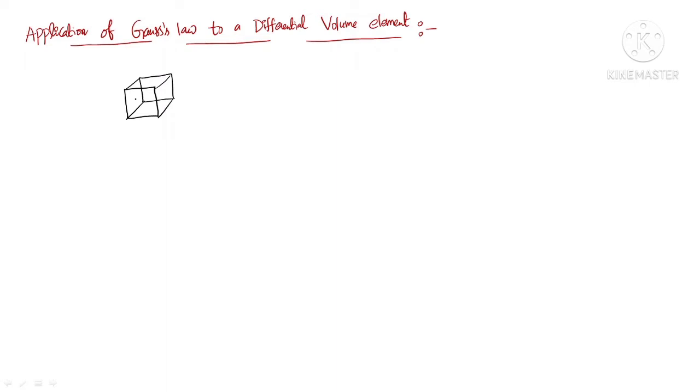For my better understanding, I am considering a small cubical element as a differential volume element, and you have some field in the region. Let me assume the electric field intensity as Ex ax bar plus Ey ay bar plus Ez az bar.